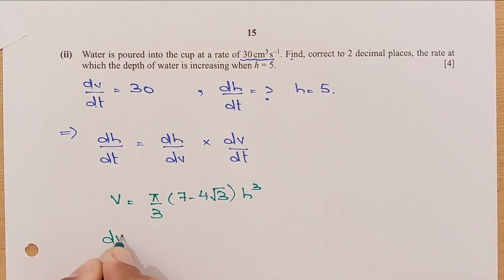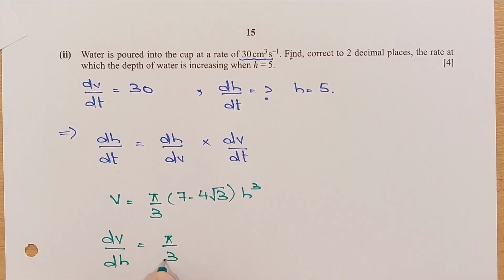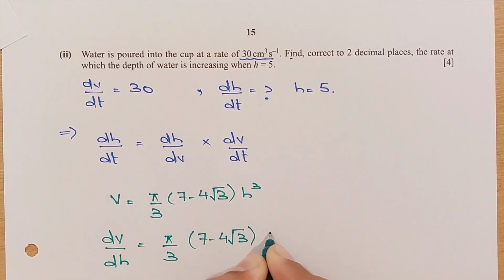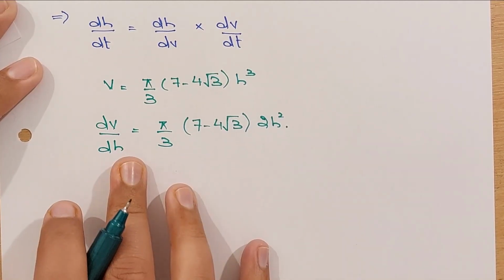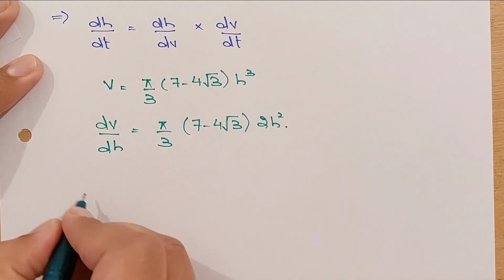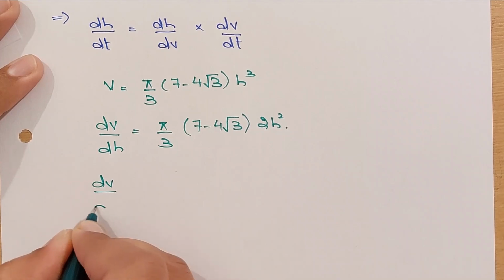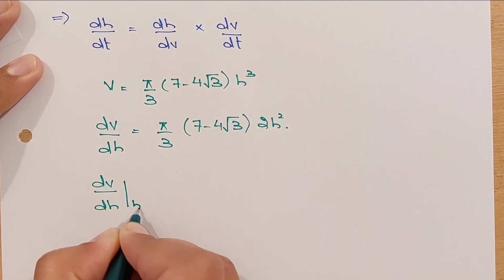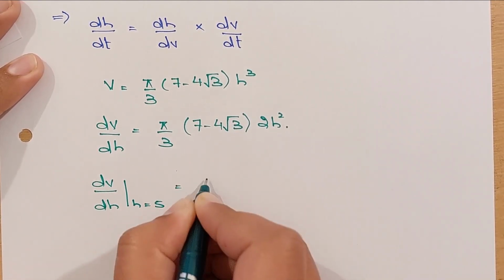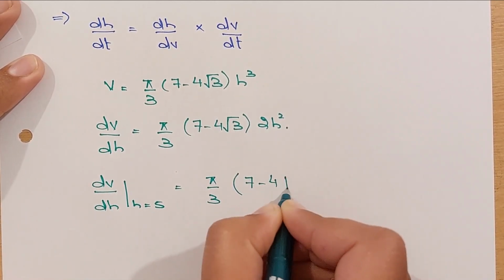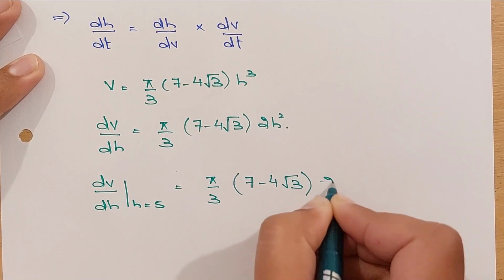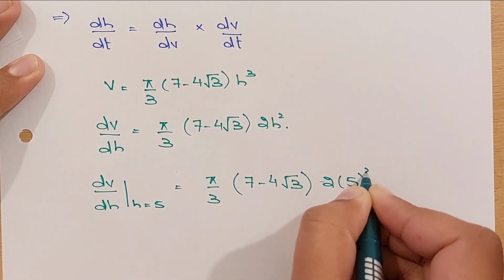Now dV over dh is pi by 3 (7 minus 4 square root of 3) and this is 2h squared. Now at h equals 5, dV over dh at h equals 5 is pi by 3 (7 minus 4 square root of 3) times 2 times 5 squared.